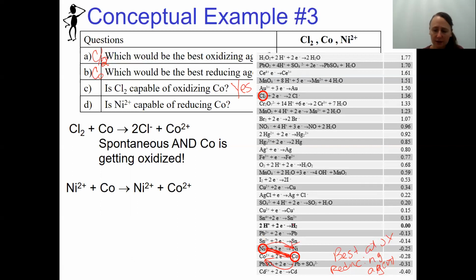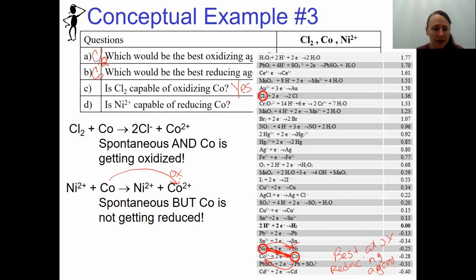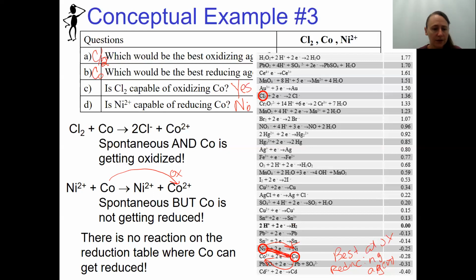I've written that reaction on the screen right here. But the question is asking, can it reduce the cobalt? The cobalt is getting oxidized. So nickel is not capable of providing electrons to cobalt, and cobalt is not very good at accepting electrons because that would give the metal a negative charge. So it's spontaneous, but it's not getting reduced. So the answer here is no. There's no reaction on the reduction table where cobalt could actually get reduced.